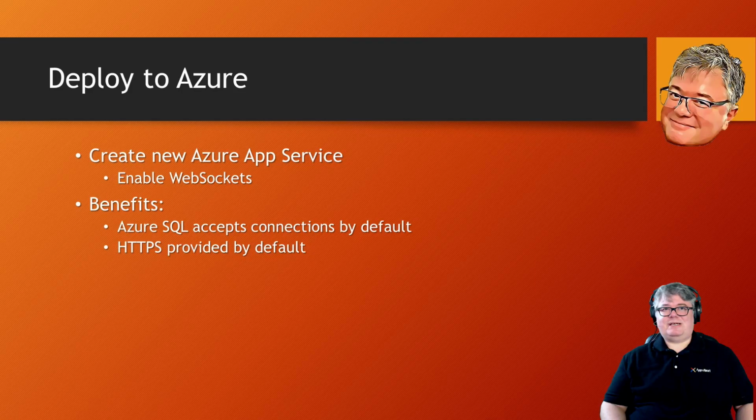But if you create an app service beforehand and you want to use that, you download the publish profile and all that stuff, make sure that you turn on WebSockets in the app service properties. It's in the configuration general properties. It's just a switch. Use WebSockets.